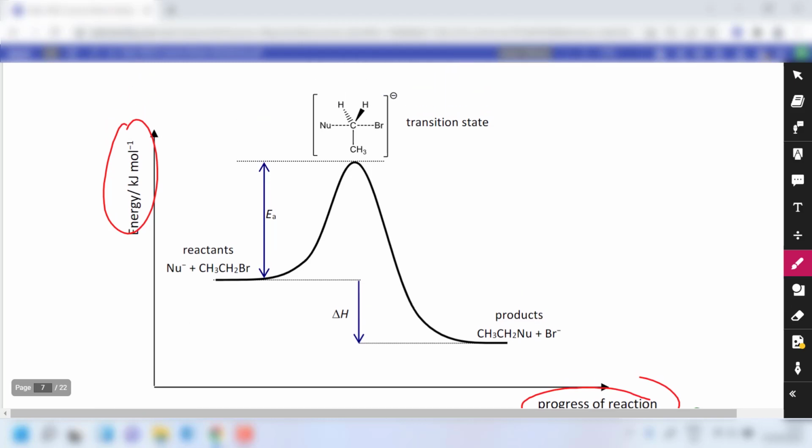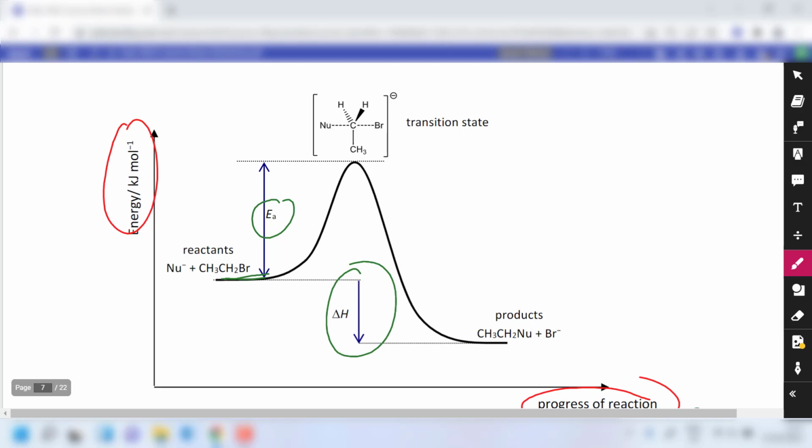The activation barrier is the difference between the total energy of the transition state and the total energy of the substrate and the nucleophile. This is shown clearly in your energy profile diagram. Then the delta H must also be shown, and it's exothermic.